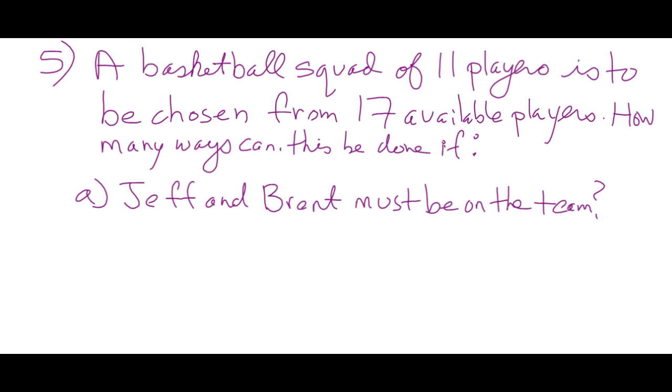So, okay. It's a combination. We want Jeff and Brent to be on the team. How are we going to handle this? So what are we going to say? What's a simple way of doing this? How many available players will there be? We got 17 available players.